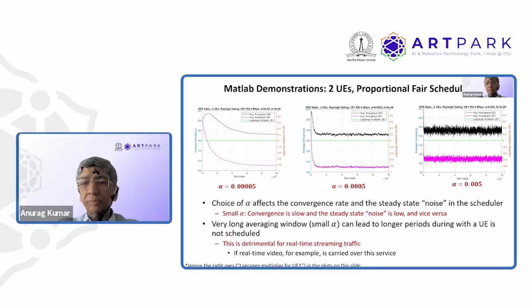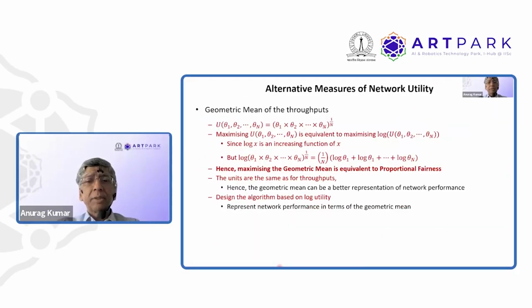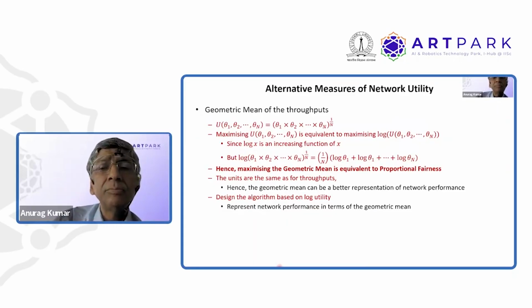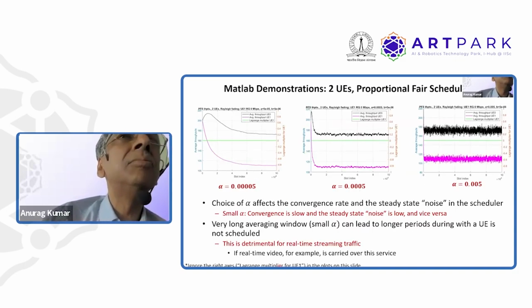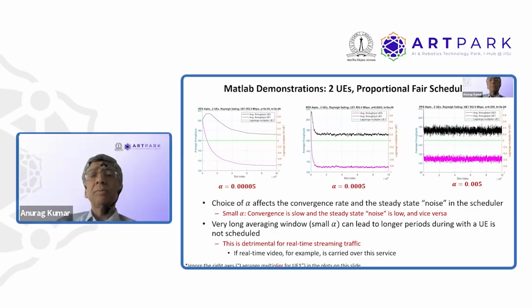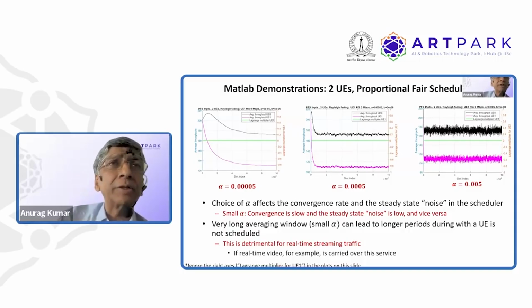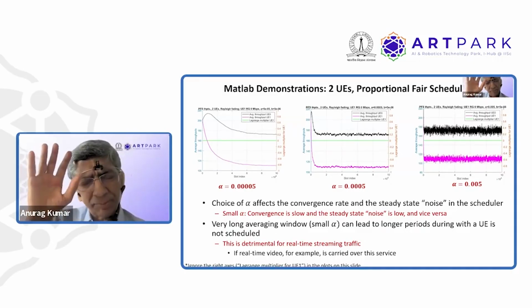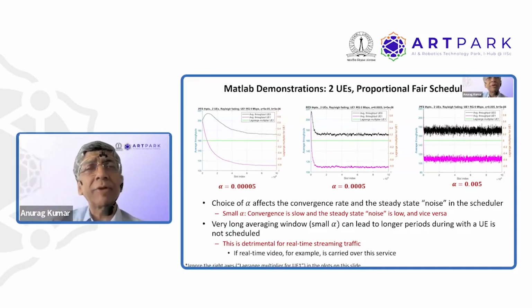So ignore the right axis, we'll come to it later. Now, if you look at the industry documents, okay, and yes. This alpha is a parameter of EWMA, not of proportional fair scheduling.